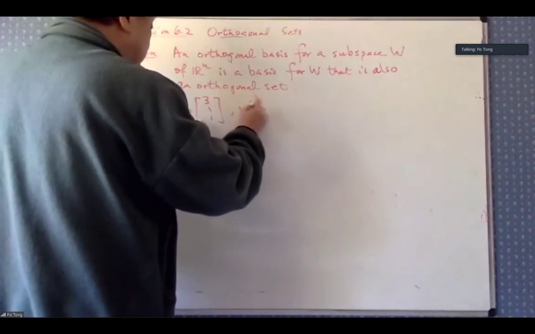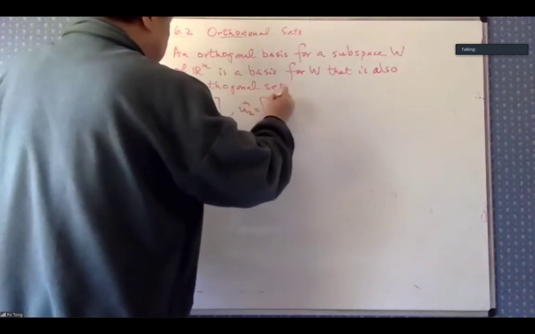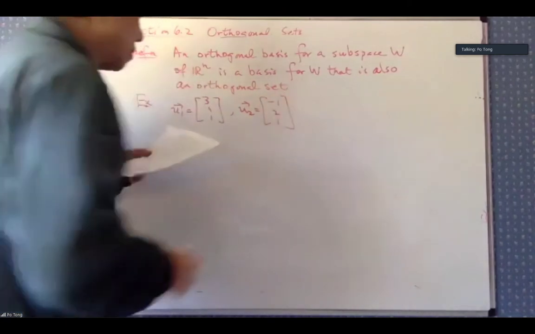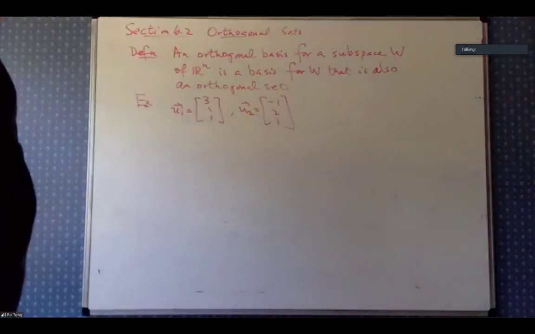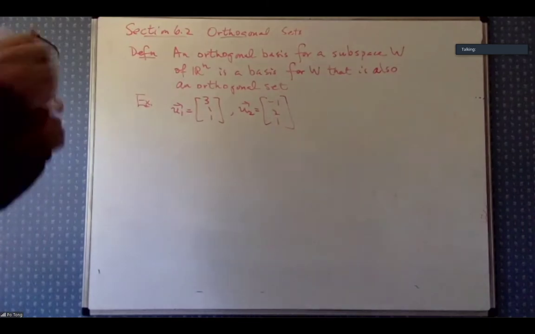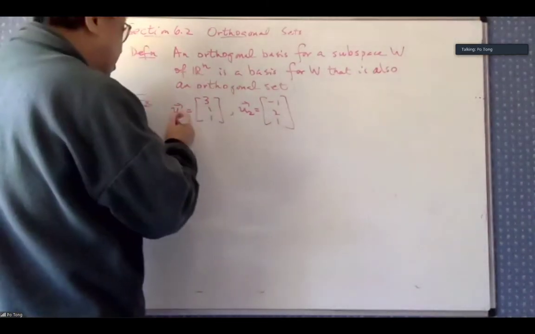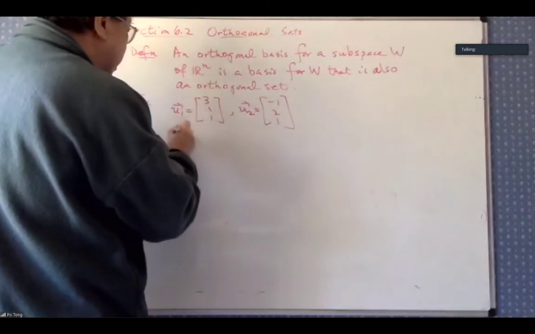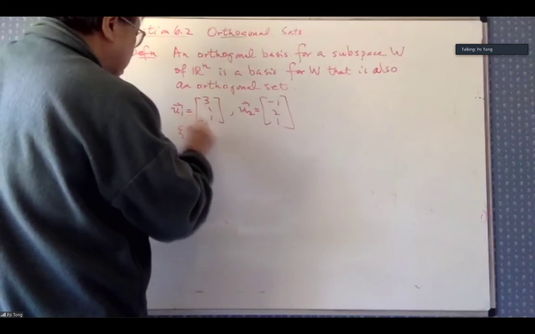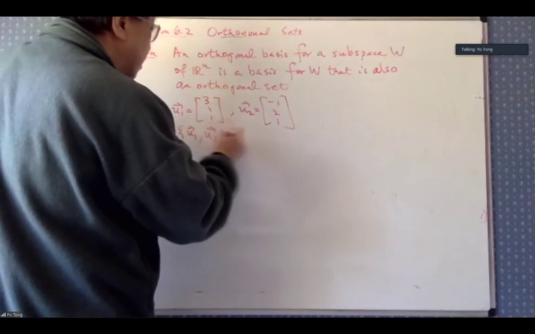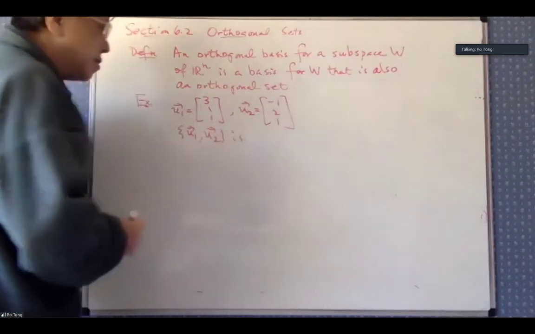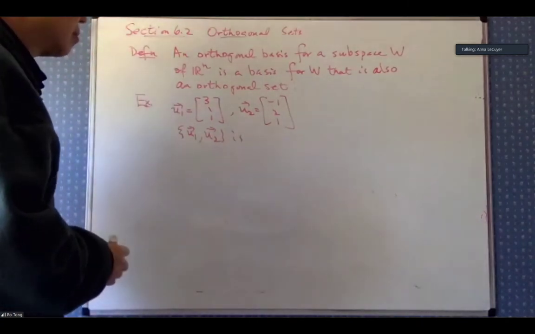U2 is equal to (-1, 2, 1). Is this an orthogonal set? Yes.